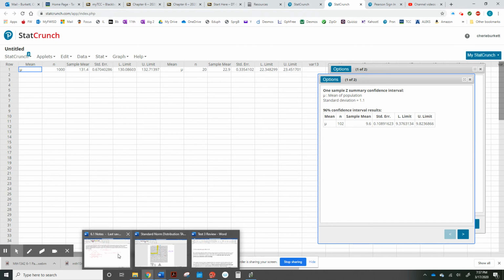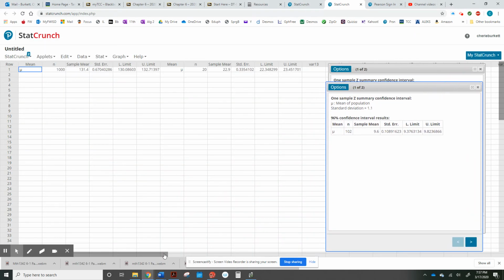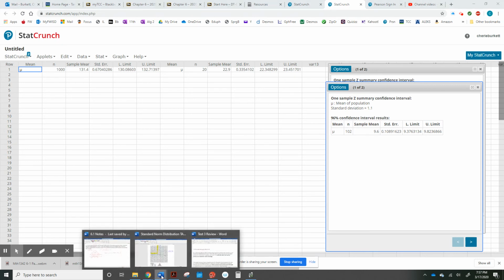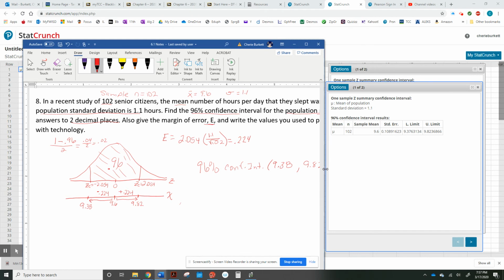Is that not what we wrote down? My lower limit and my upper limit: 9.38 and 9.82. So it's the exact same thing that we got by hand.